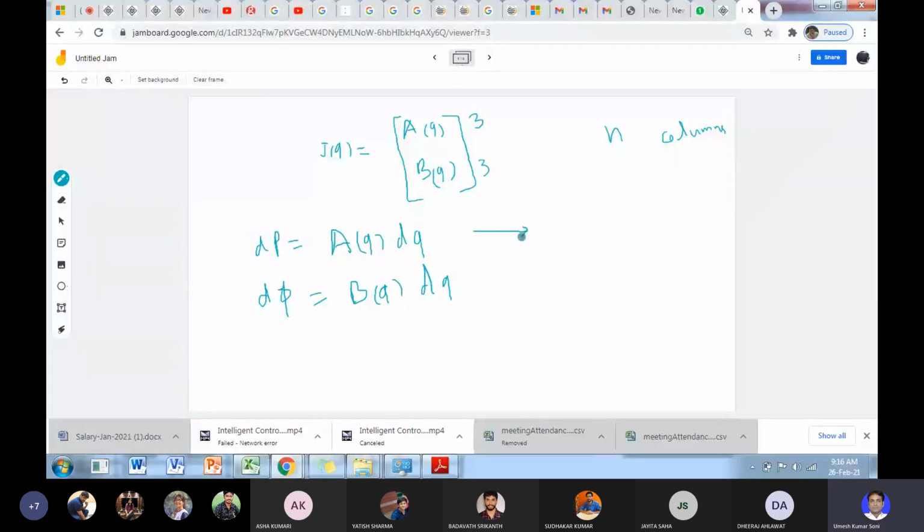So here you get p dot, the linear displacement in the joints, equal to A(q) q dot. How can the block be represented?